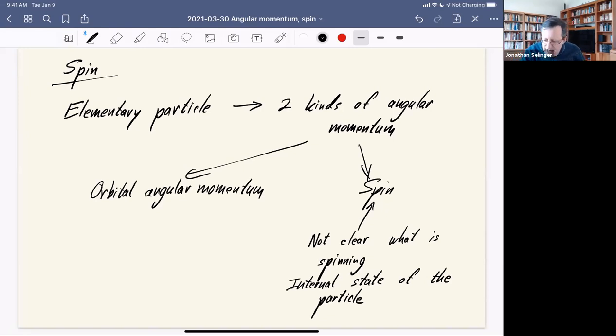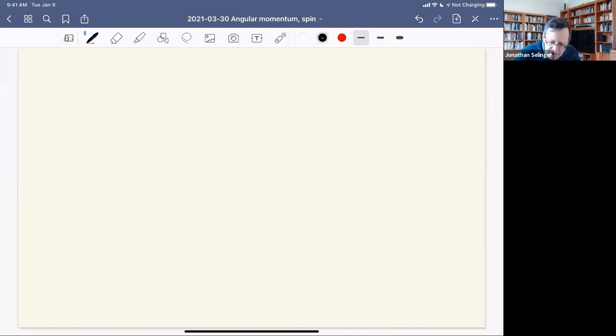Okay, and so we can represent it by an operator, because that works for everything in quantum mechanics.